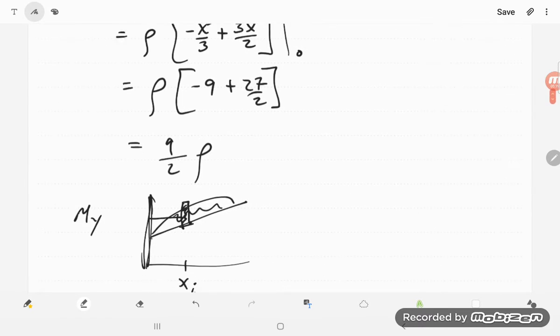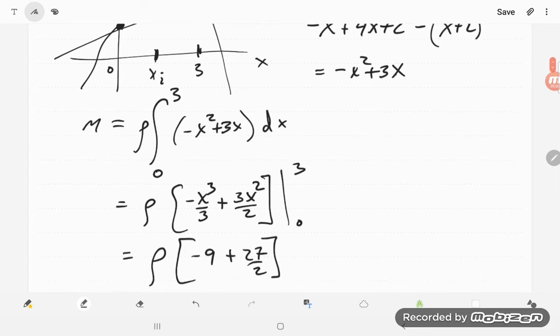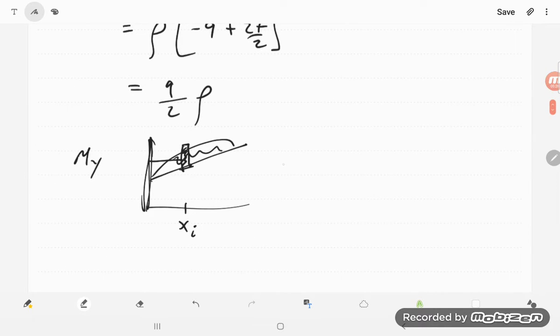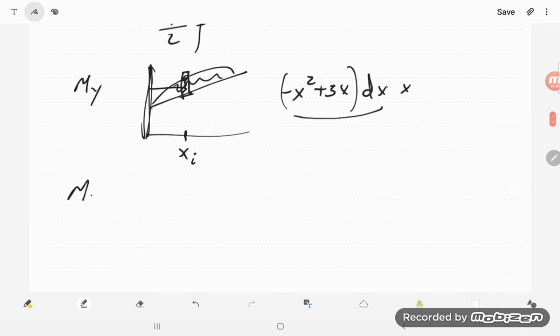The mass of any element is minus x squared plus 3x times that dx. And then the distance out is that x that we are at. So then our m sub y is just that integral.